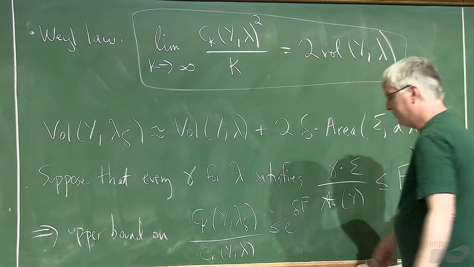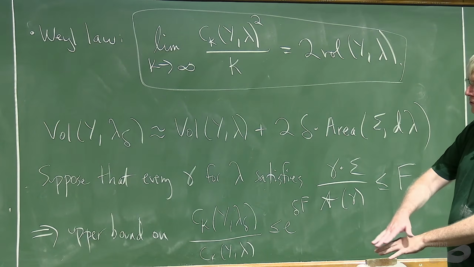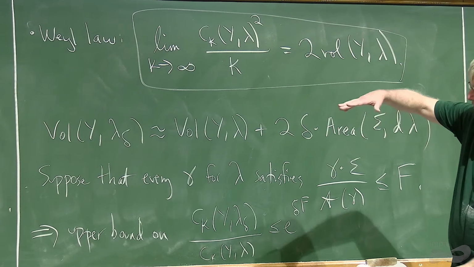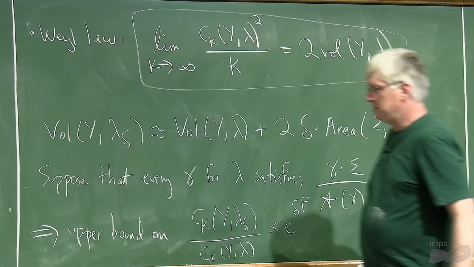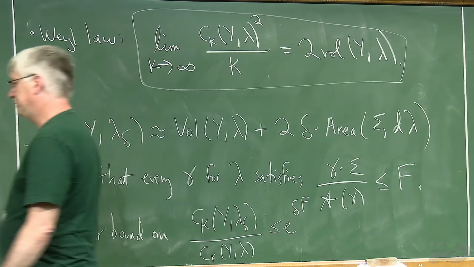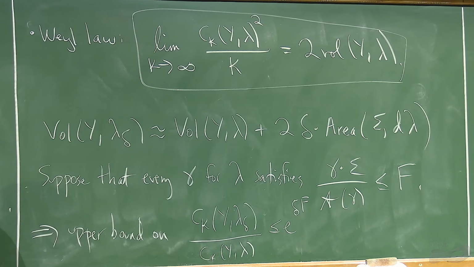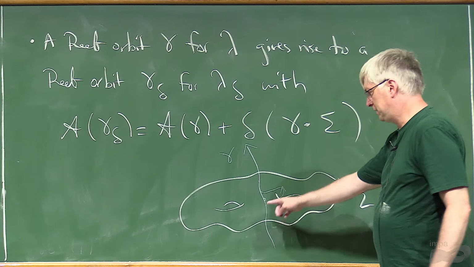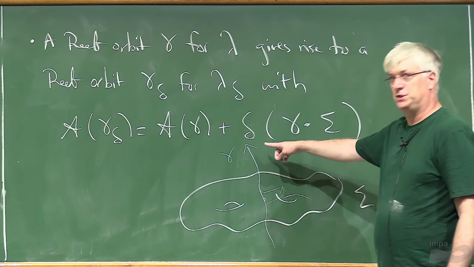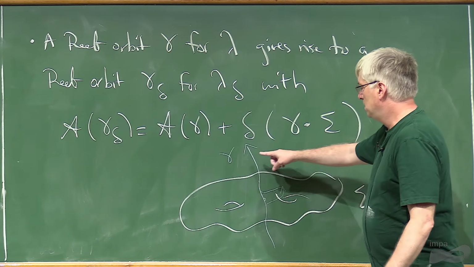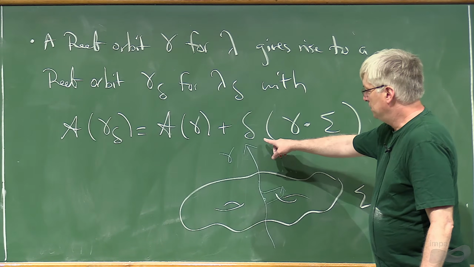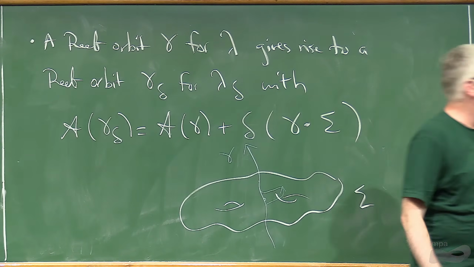Because you have continuity, as you increase delta, the spectral invariant varies continuously, and at least generically, the derivative is given by looking at the orbit and seeing how much its action is changing. So the derivative of the action is given by the intersection number.